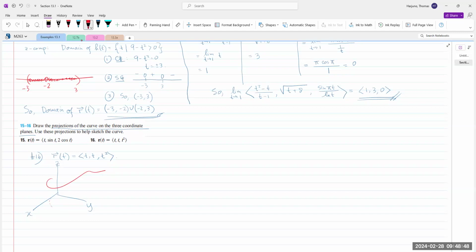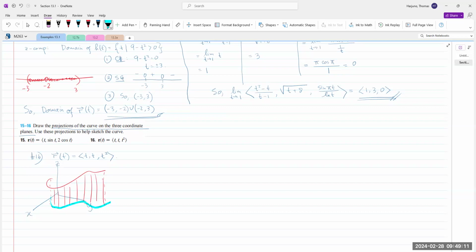For example, it looks like this. On the ground. Can you imagine that? Now this part here is the projection of the curve on the XY plane.